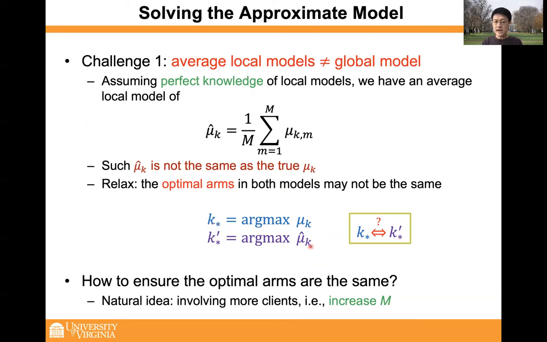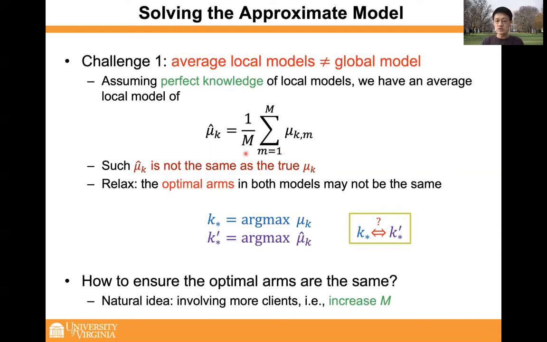Then, based on mu_k hat, you're gonna compute another best channel. These two may not necessarily be the same. And if they're not the same, there is no way you would find this optimal global channel by using these values from observation from the local models. So that is a fundamental problem. So we need to ensure that the optimal arms are at least the same. This is the bottom line.